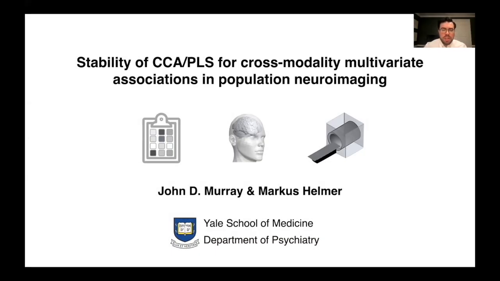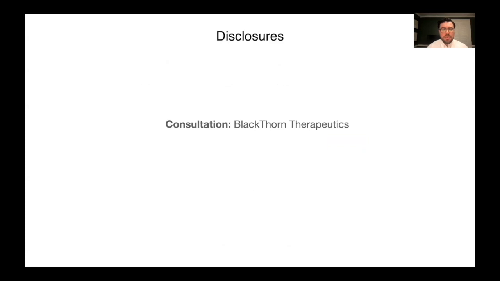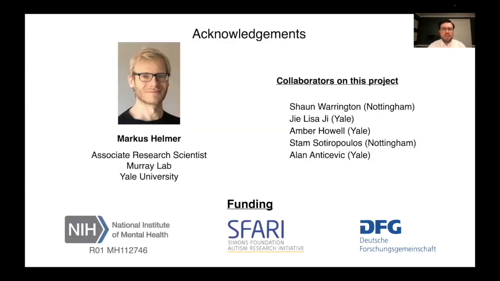Hi, I'm John Murray, an assistant professor at Yale University, and I'm very thankful to be able to present to you today, along with Marcus Helmer, our talk on stability of CCA and PLS for cross-modality multivariate associations in population neuroimaging. My disclosure is consultation to Blackthorn Therapeutics. And I'd like to start with acknowledging the team who did this work, primarily Marcus Helmer, an associate research scientist in my lab, and he will explain the results in a few minutes.